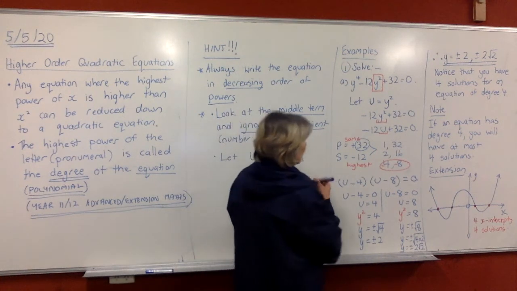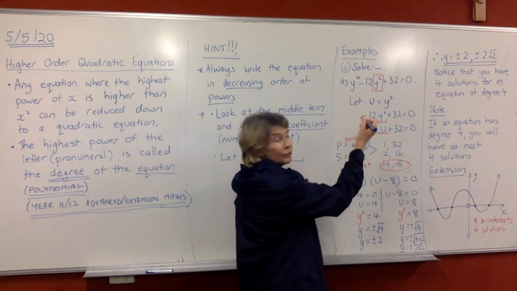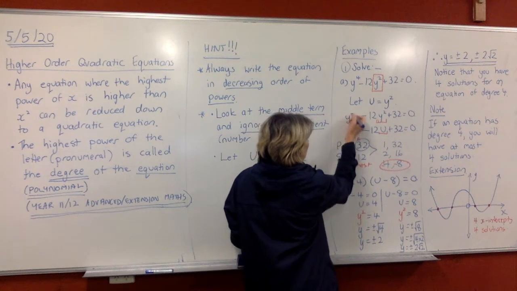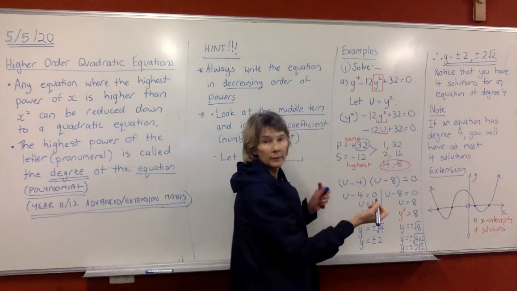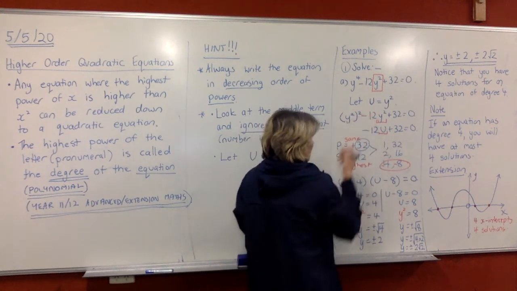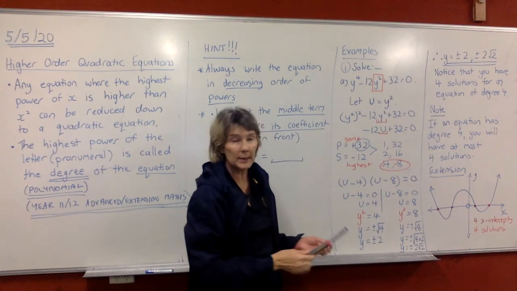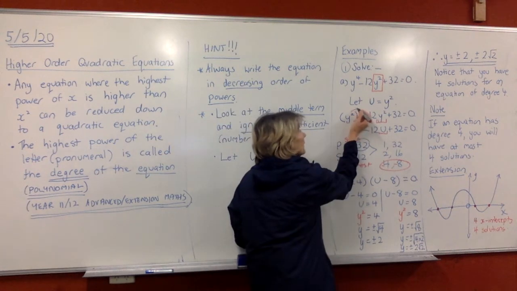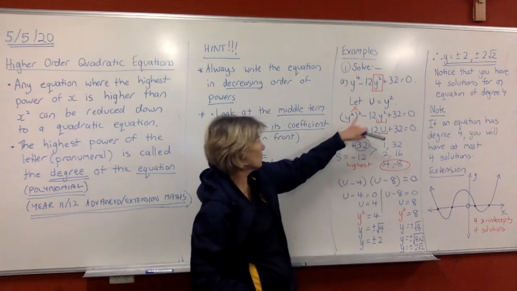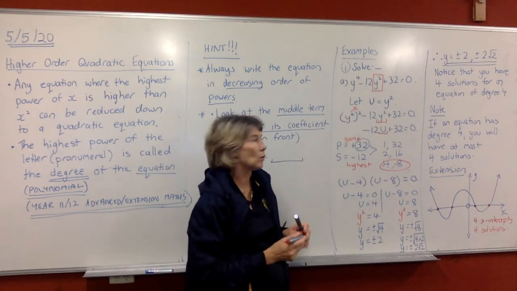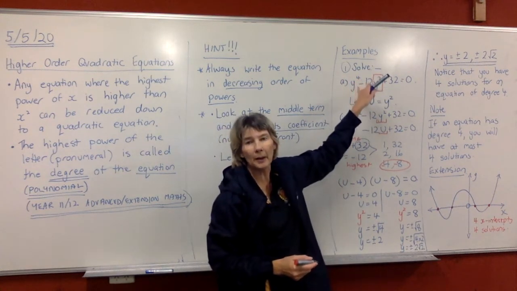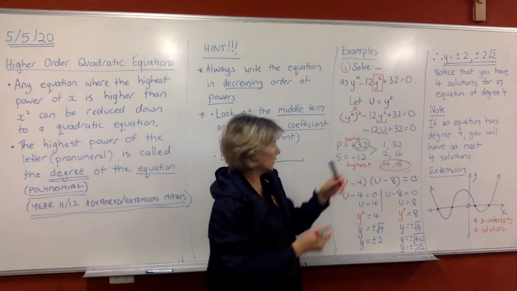So this is what we're doing. Y to the power of 4 could be rewritten as y squared squared, because you know the rule that when you've got an index inside and outside a bracket, they multiply. If you multiply those, you will get y to the power of 4. So we're just rewriting y to the power of 4 as y squared squared.